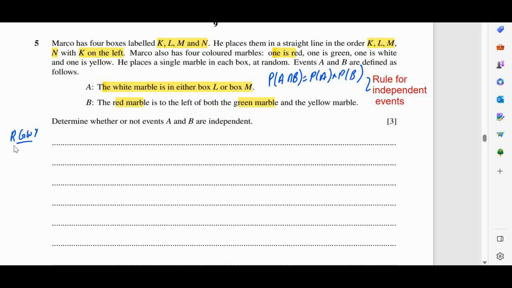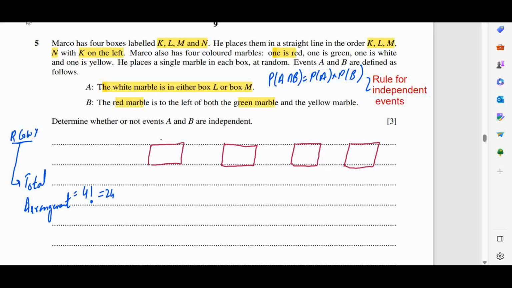The total arrangement will be 4 factorial, because we do not have any repeated items and we do not have any conditions. So the total arrangement will be 4 factorial, which equals 24.